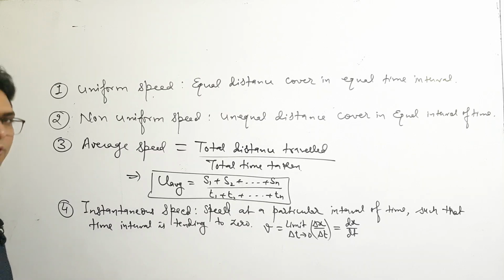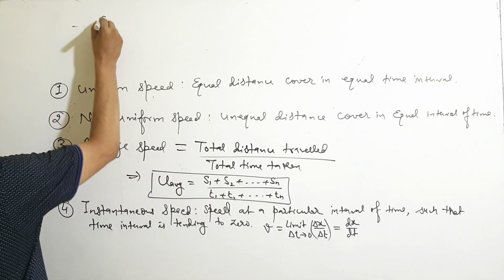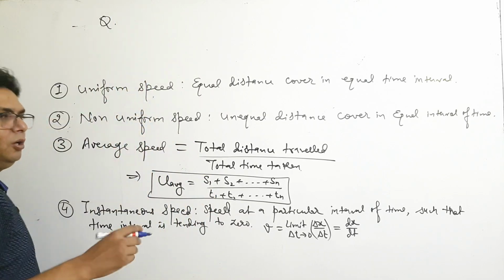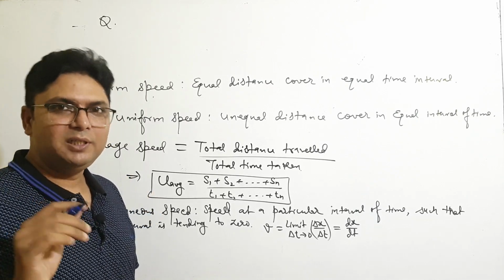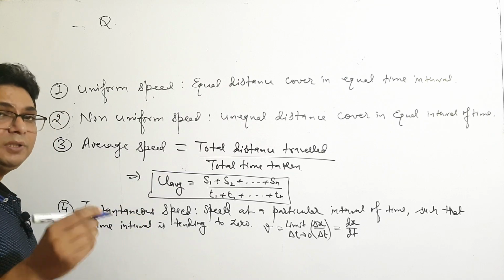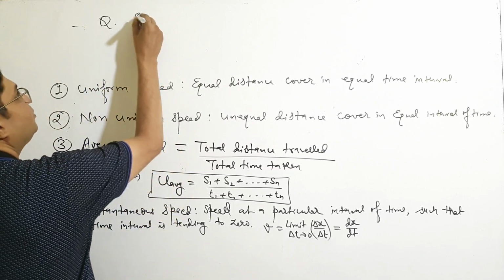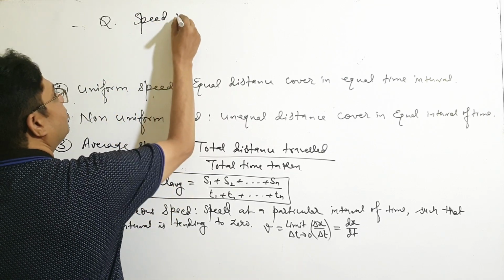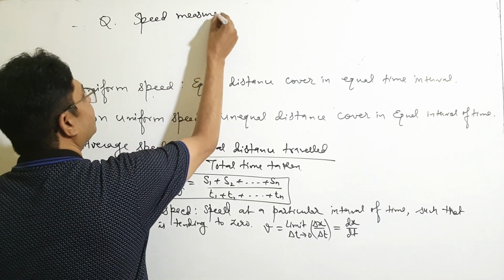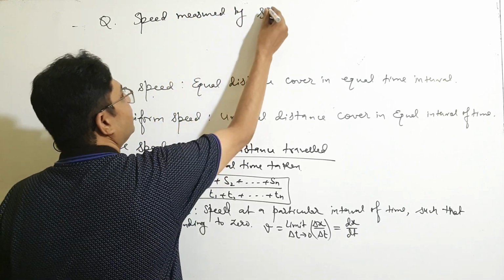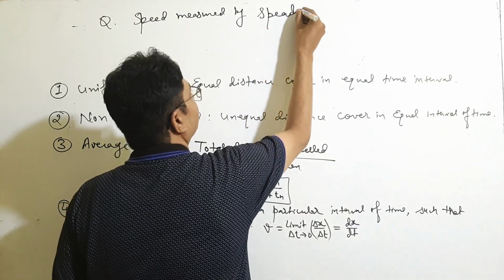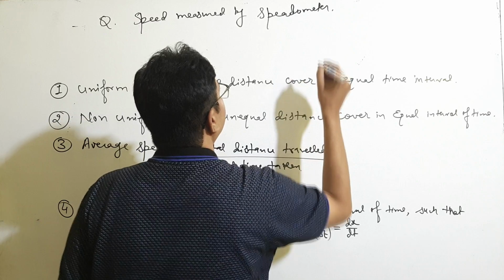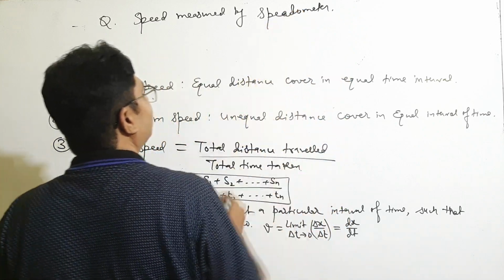Now a simple question for you. You know that a speedometer is a device which measures speed. So which speed does the speedometer measure?